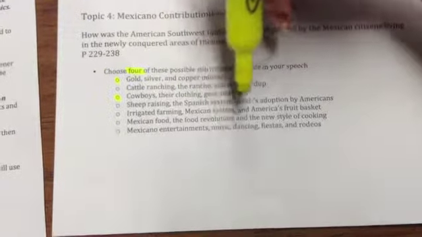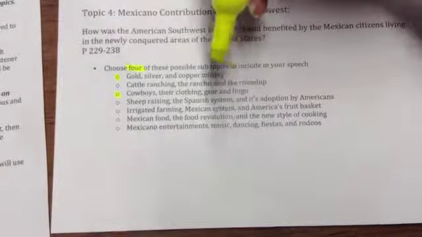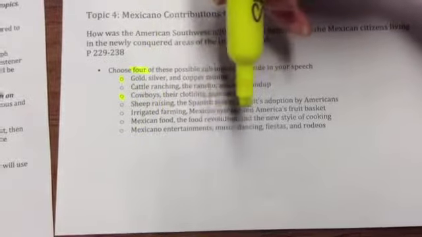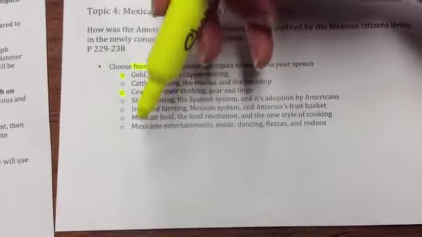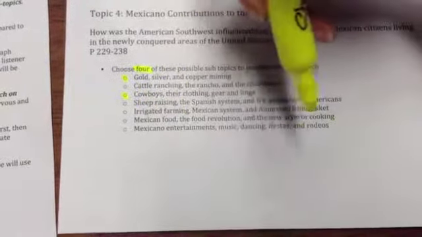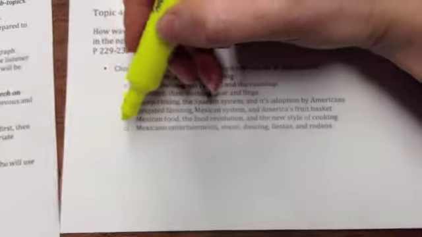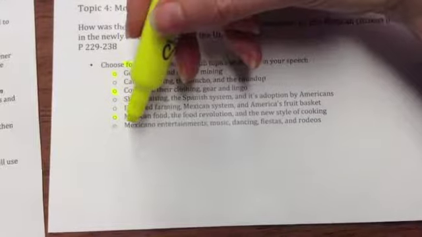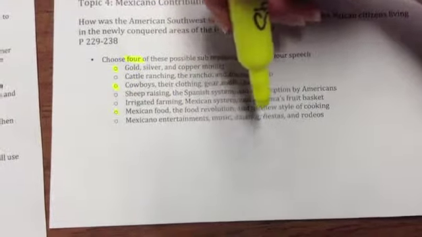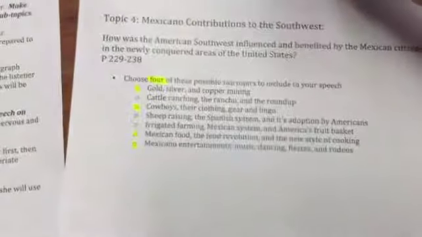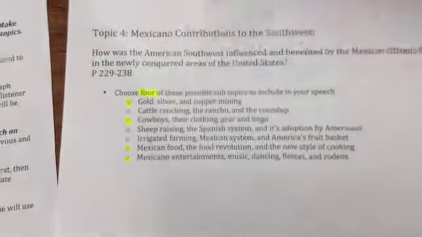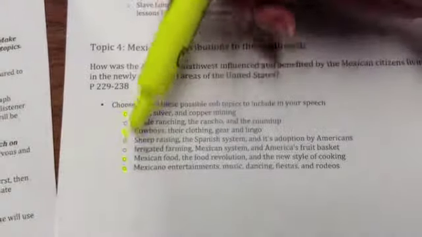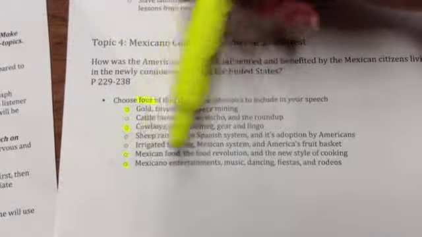Sheep raising, the Spanish system and its adoption by Americans, irrigated farming, Mexican system, America's fruit basket, Mexican food, the food revolution, and a new style of clothing, I'm interested in that. And I'm interested in the Mexicano entertainments, music, dancing, fiestas, and rodeos. So I've chosen 4 topics that I'm going to include in my speech. I do not have to learn about these other things.